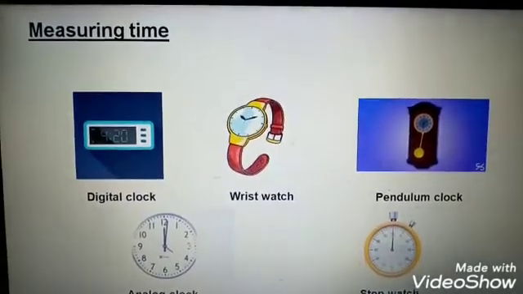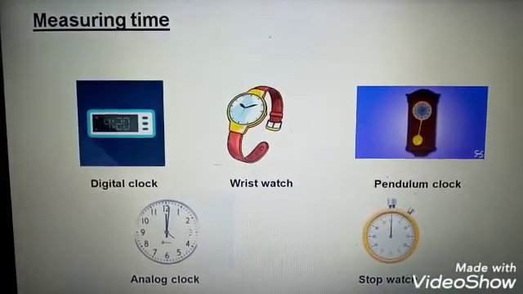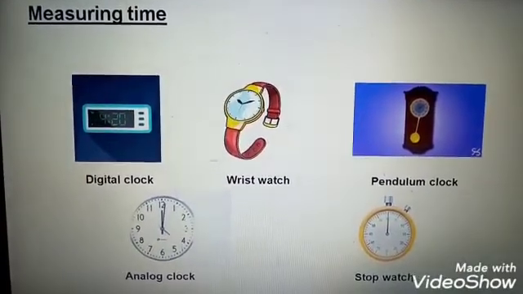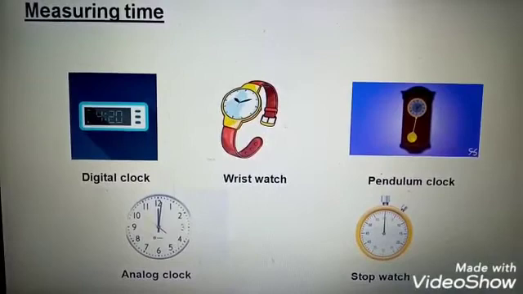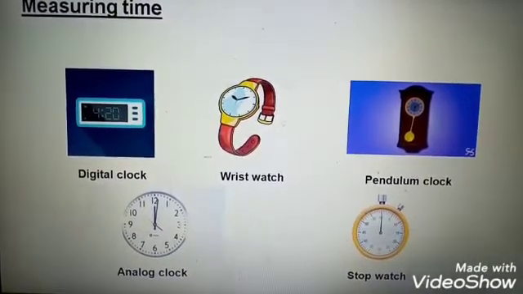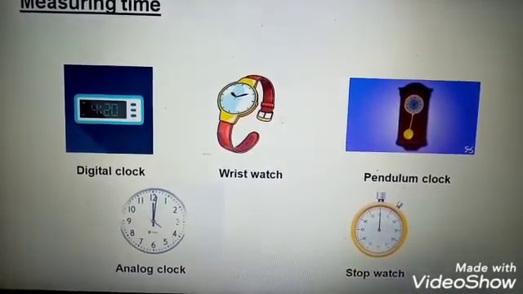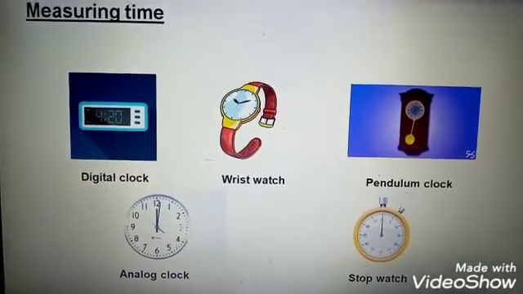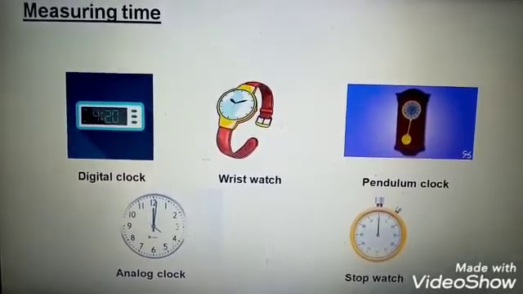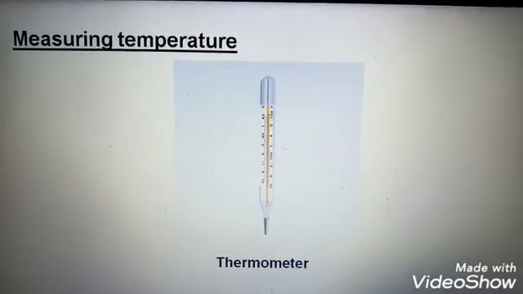Here are some pictures for measuring time. Digital clock, wristwatch, pendulum clock, analog clock, stopwatch. These are all instruments used for measuring time. Measuring temperature.